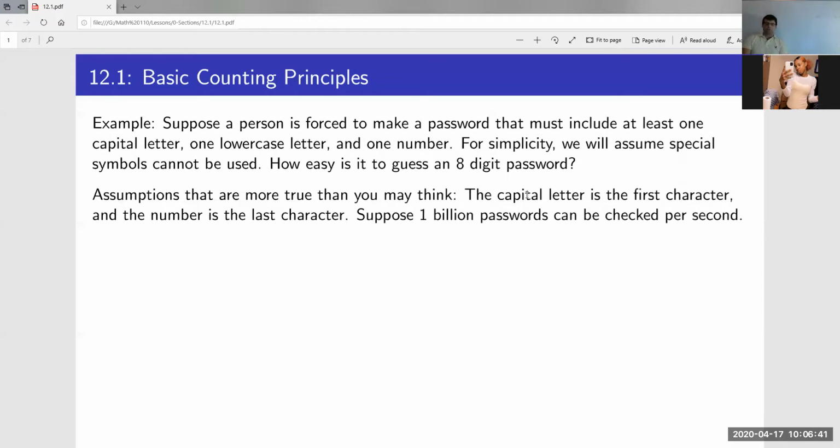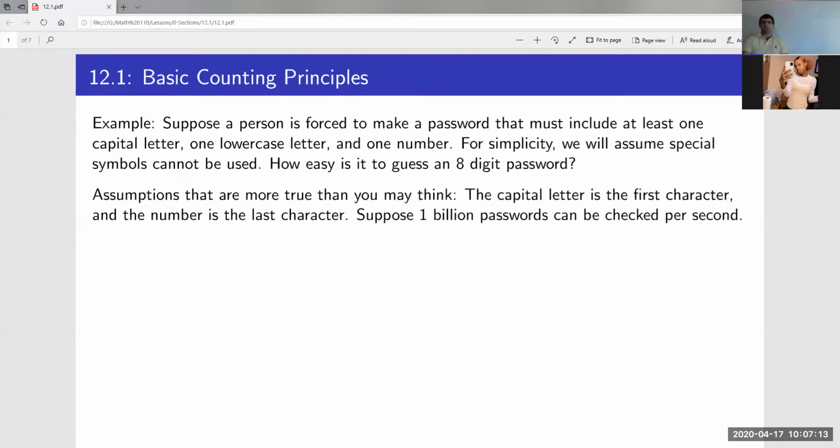Assumptions that are more true than you may think: the capital letter is the first character, and the number is the last character. This is pretty much true across the board. People are very used to having capital letters at the beginning, and then they usually put their name or something, and then their birthday, or 1, 2, 3 at the end.